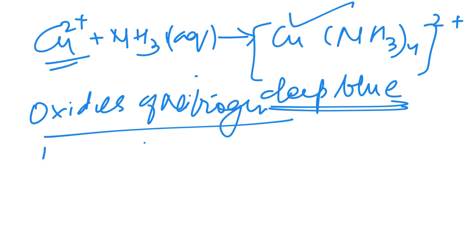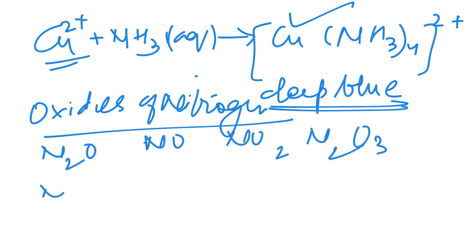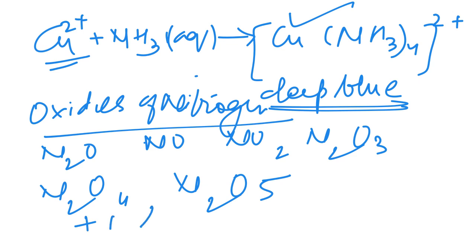We have many oxides: N2O, NO, NO2, N2O3, N2O4, N2O5, and the oxidation states range from +1, +2 up to +5 in these oxides. So let us see the preparation of these oxides. How to prepare these oxides?